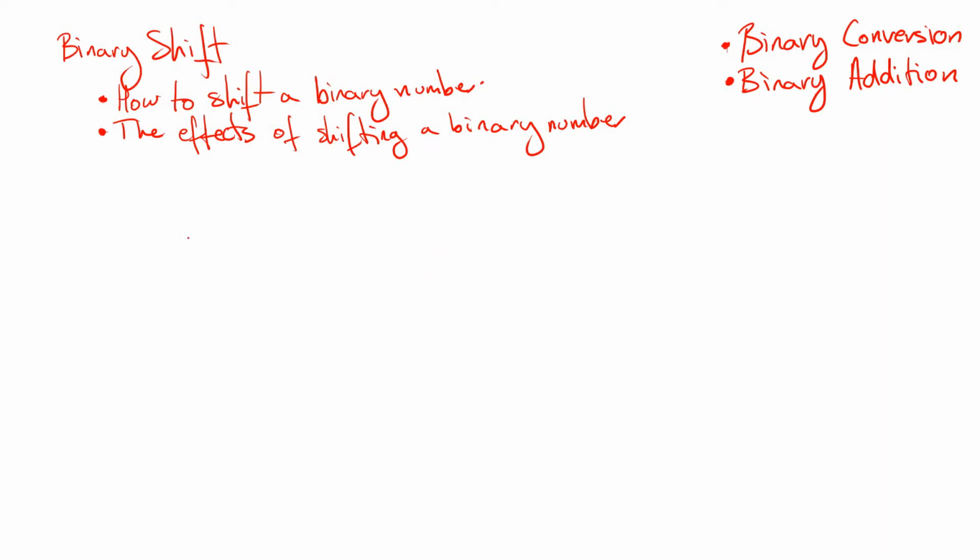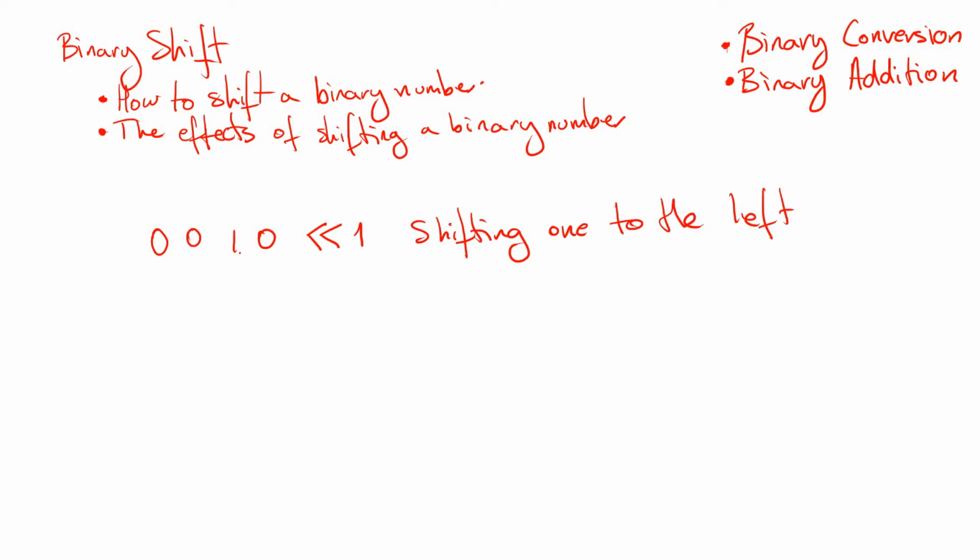So the first one, if we were to write a very basic binary number like this, so we say 0, 0, 1, 0, and we shift this number once to the left, that would mean that we shift all of the numbers by one place in this direction.